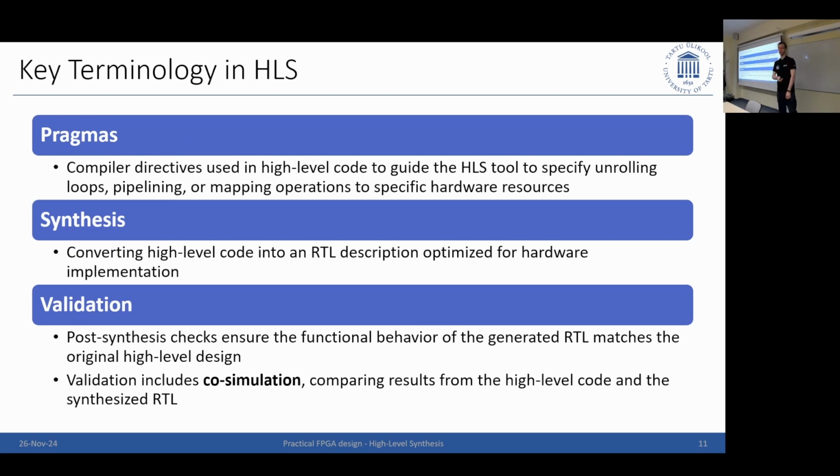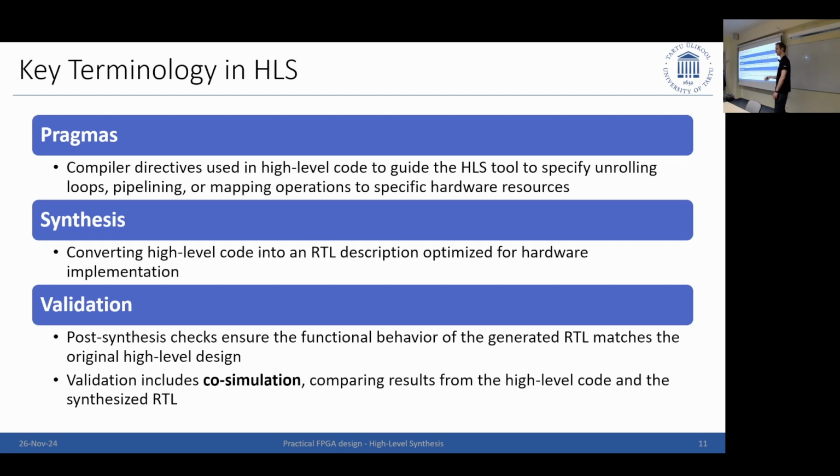Additional tools, the most important ones. I'm going to come to it on another slide again. Pragmas. That's going to be the most important thing to make an optimized design in HLS. You write pragma and then whatever follows afterwards. I'm not going to put the list of pragmas on a slide, that's not going to be useful; you'll have to go through the documentation. But basically they are compiler directives.